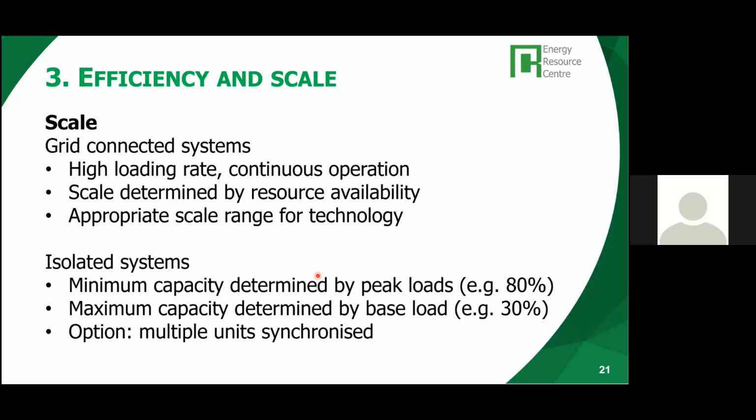And options to avoid the minimum and maximum requirements are to have multiple units, running in parallel, or running in turn intermittently. For example, if you have an isolated system in which you have a very low base load, you could cover that by a smaller generator.